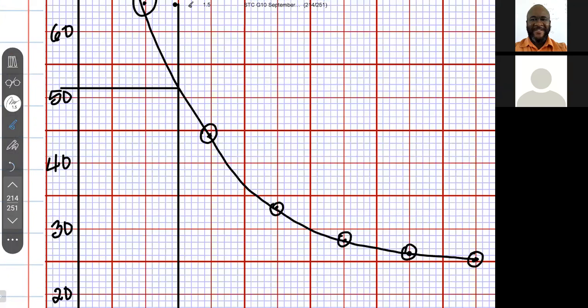So to answer the question, after 15 minutes, the temperature fell to 51.5 degrees.